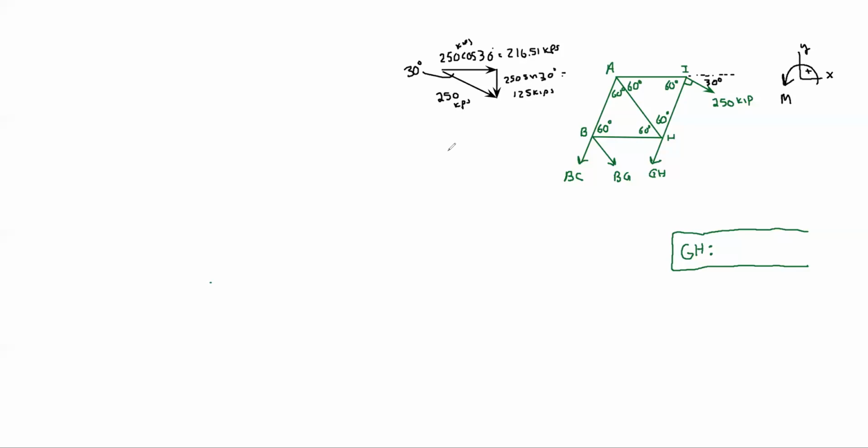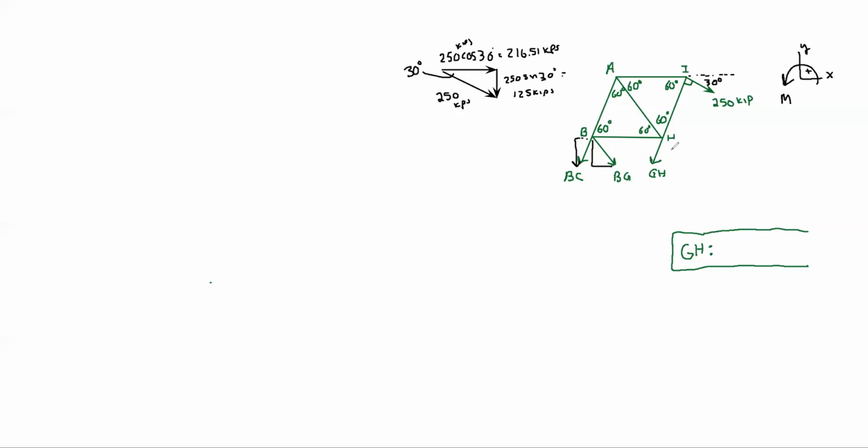If you would indulge me, let's see what happens. Whoa. So lots of X's and lots of Y's, right? So there's potentially a BCX and a BCY. There's potentially a BGX and a BGY.